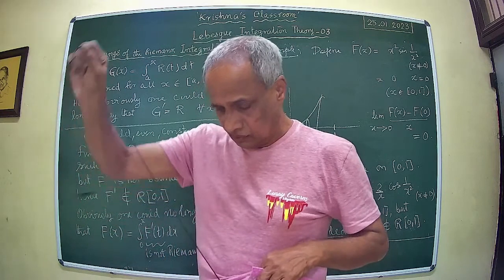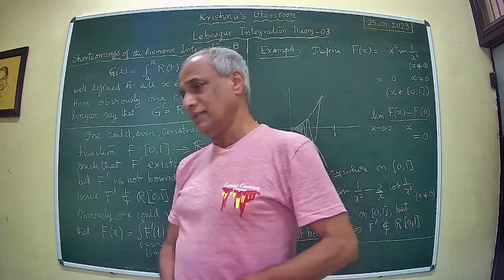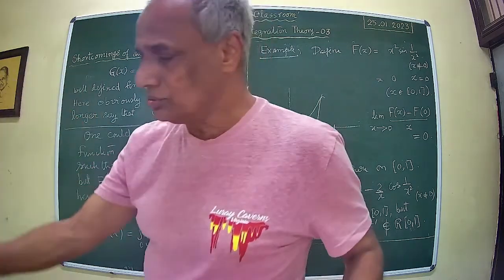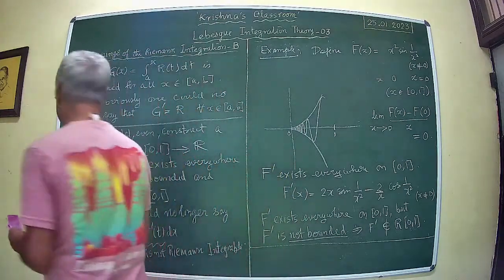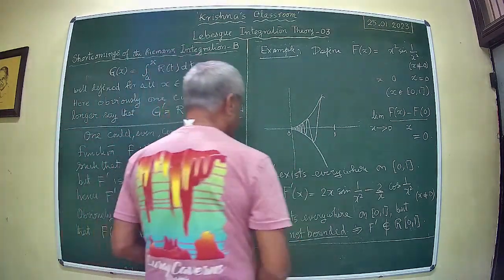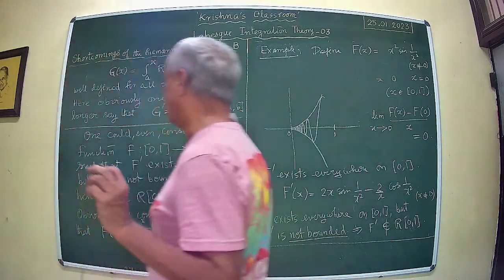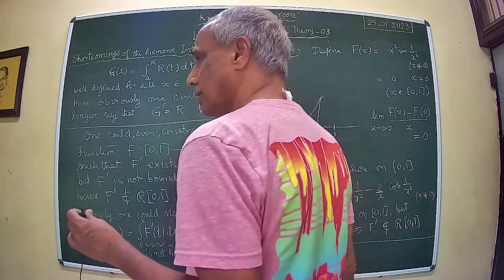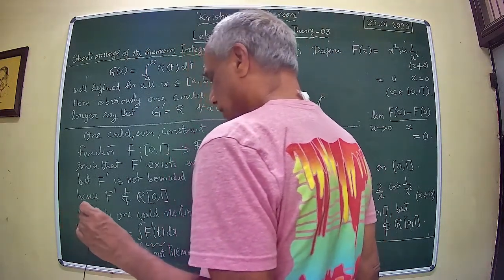It is nice to see how this construction works. That's why I am devoting some time. I have done it in my previous lecture on this topic in some detail when we considered the Riemann integration theory.